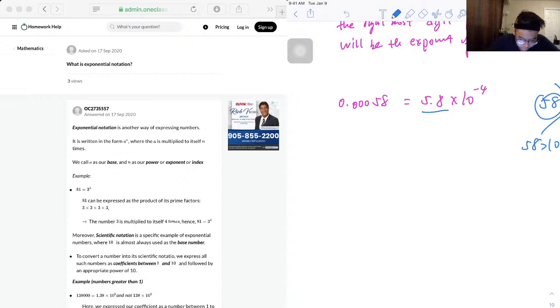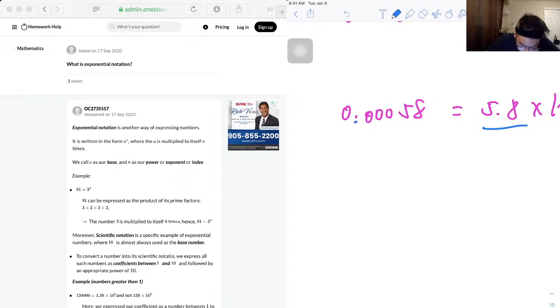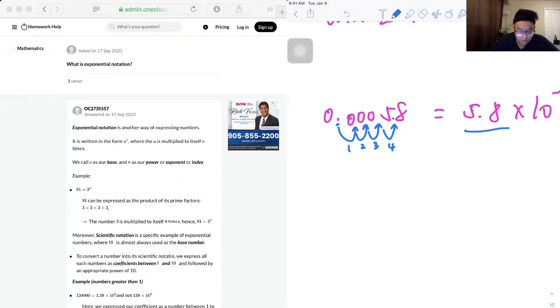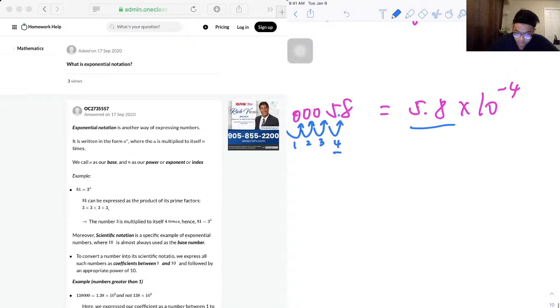Let's see how many units we need to move. The original decimal point is right here. So that's going to be 1, 2, 3, and 4. So it moves to here, 5.8, and that's exactly what we want. We got 4 there, so hence the exponent should be -4.